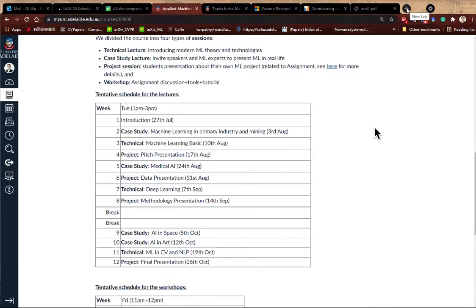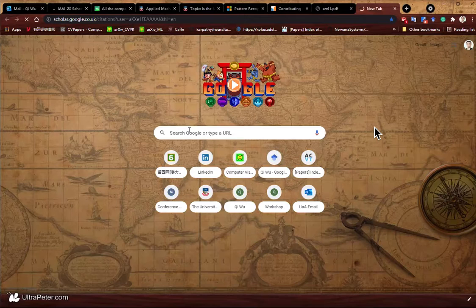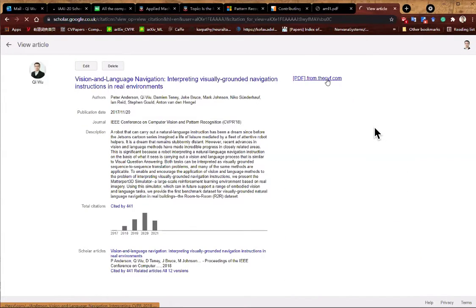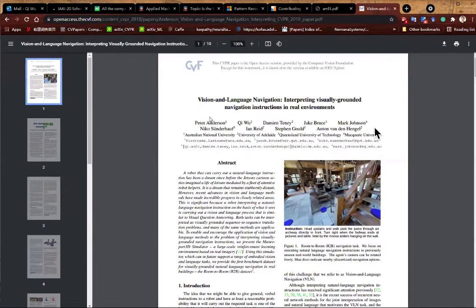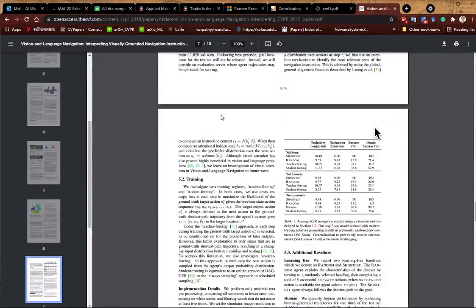Let me see whether I can find some papers. Okay, so here is a CVPR paper. CVPR is the best conference in computer vision. So I prefer if you can submit a report following this format.